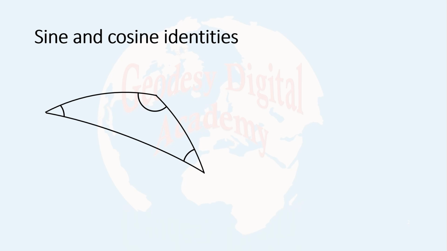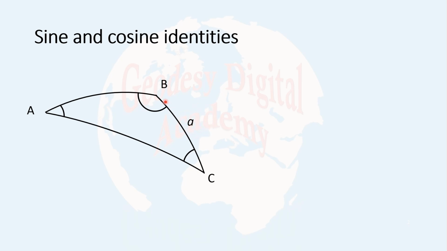Let us now focus on this spherical triangle. I name the corners of this triangle A, B, and C, and the angles are named based on the name of the corners. The arc in front of the angle A is named a, or the arc a, and shown by a small letter.